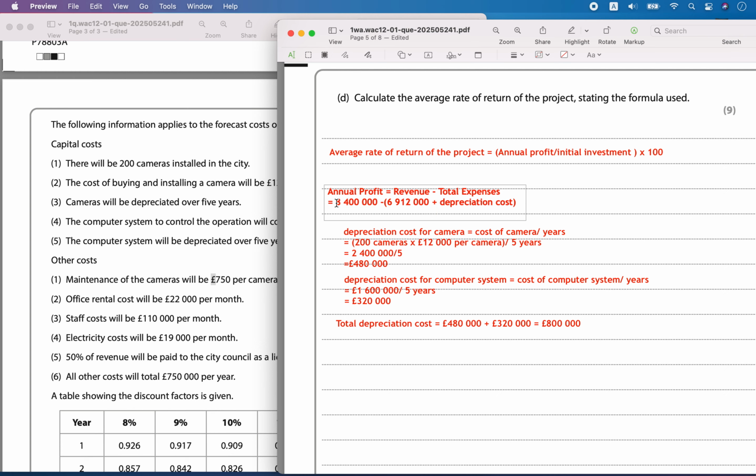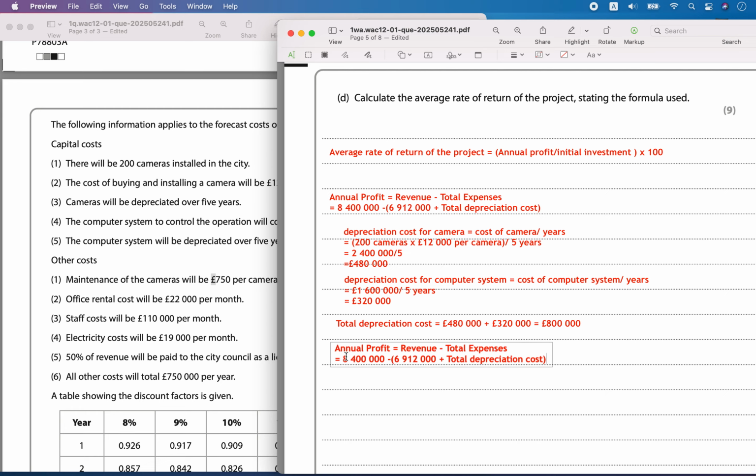Now we can go and fill in the annual profit. Because we have got the depreciation cost, the total expenses are going to be the earlier figure plus the depreciation cost of 800,000, which we had got.